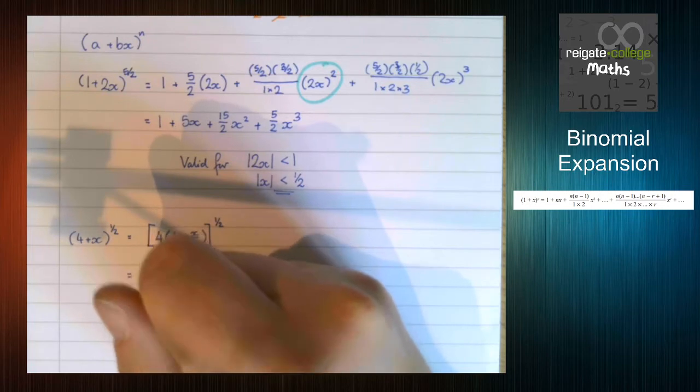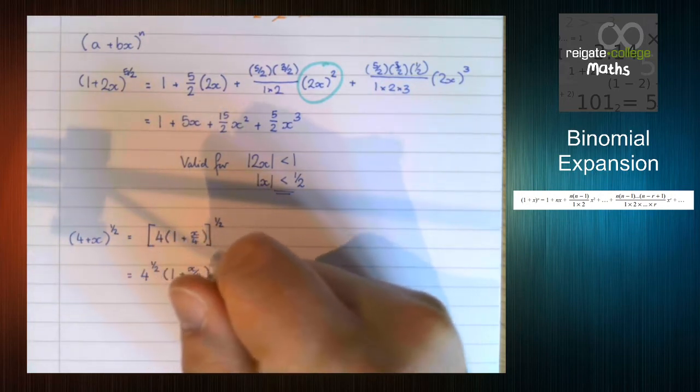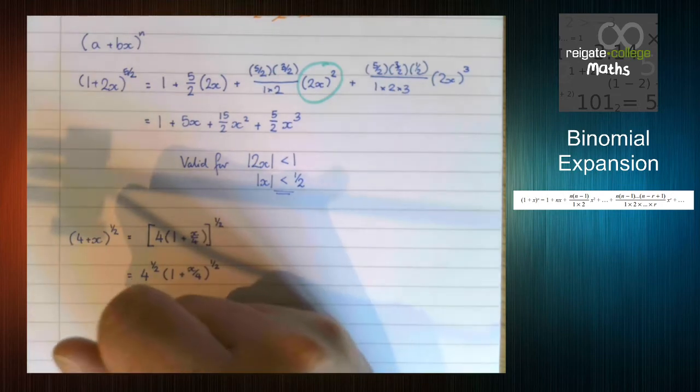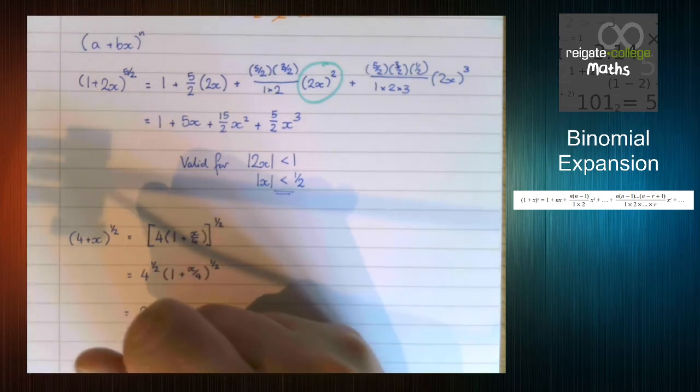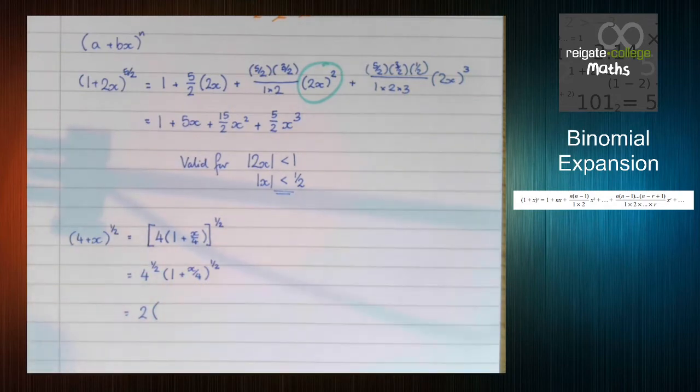So when we expand those square brackets, we end up with that, which is the first step I would expect to see in the exam, or in a less extended answer. So we can see here 4 to the half is 2, and now we have 1 plus something to the half, which we now expand in the normal way.